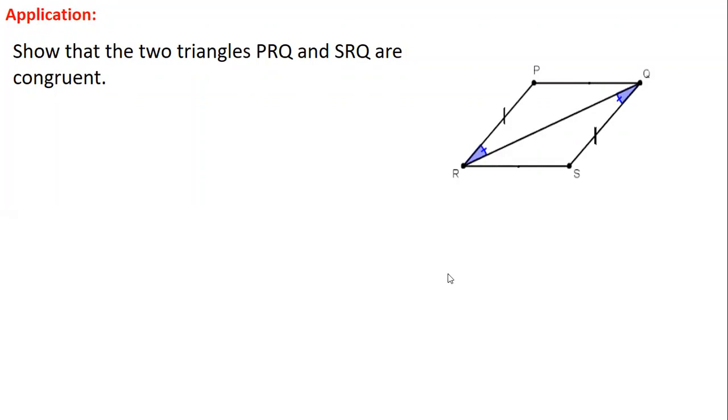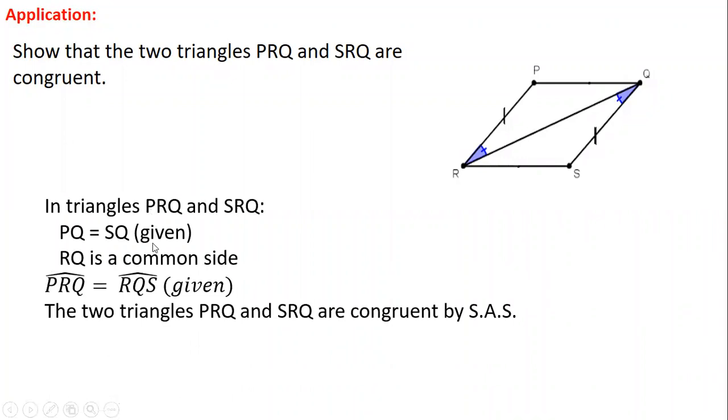Yes, PRQ. And in the second triangle, name this angle at vertex Q, Adam. RQS. Well done. They are equal and they are included angles. The ending sentence is: the two triangles PRQ and SRQ are congruent by SAS. Yes. This is the proof.